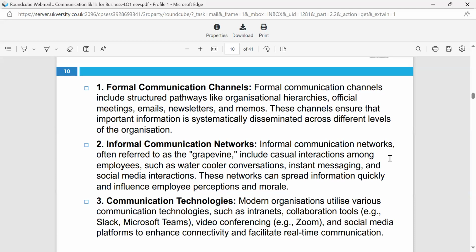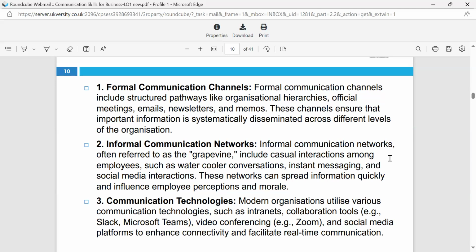Another formal communication is upward communication, and this is the opposite of downward communication, and therefore represents the messages passed from subordinates, from lower down, to the management. It could take the form of requests, reports, complaints or anything like that.